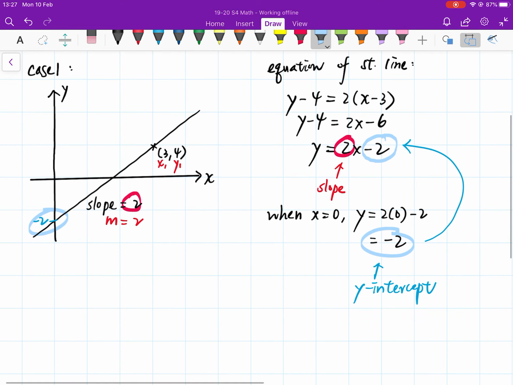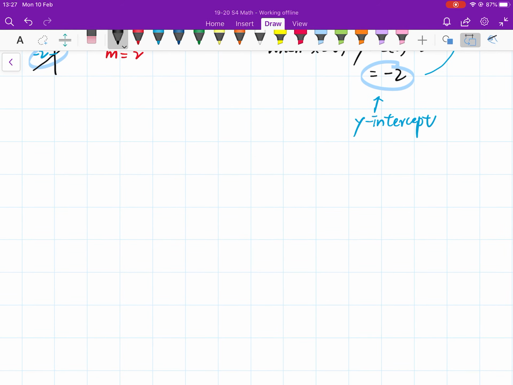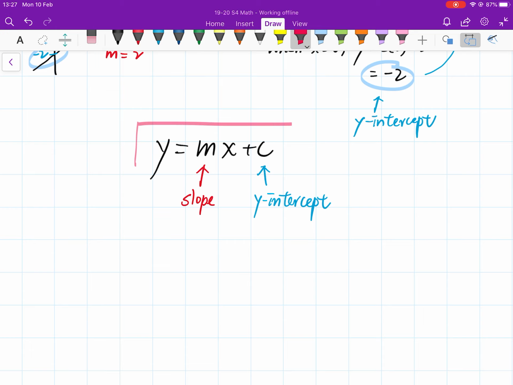Therefore, we can come to a quick conclusion. When we have an equation of straight line y equals to mx plus c, the m is standing for the slope, and the c is representing the y-intercept. Please put 2 stars for it. This is the main concept of this video.